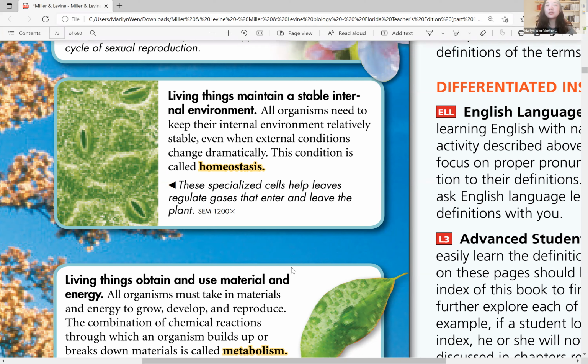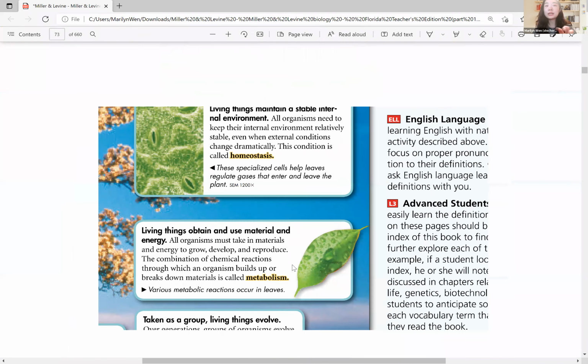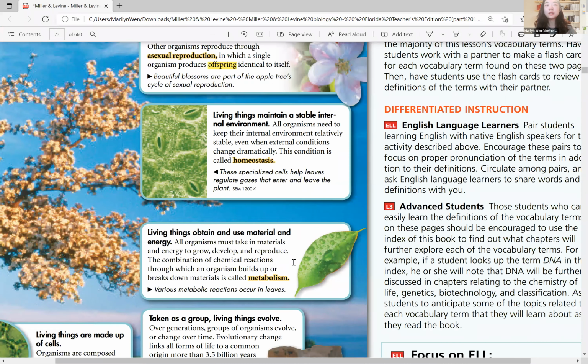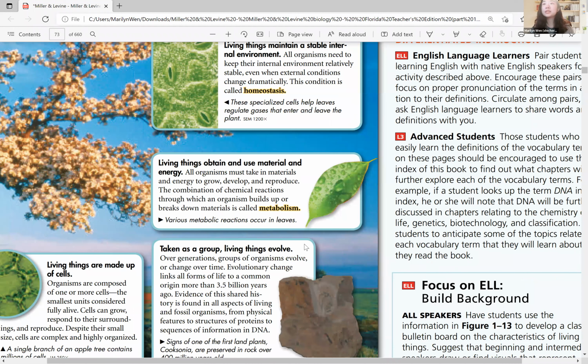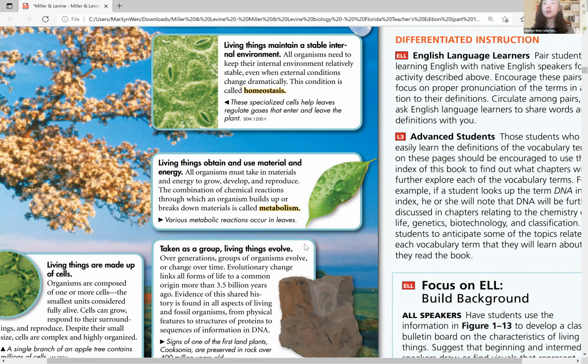This is related to the next word, metabolism. Usually you use metabolism to keep homeostasis. How you keep your internal temperature and chemical environment stable is that you need a whole series of chemical reactions.